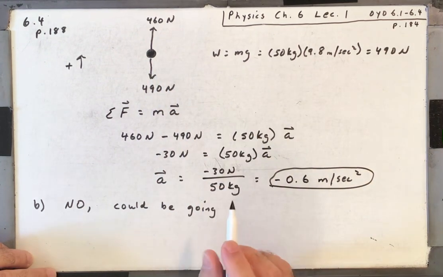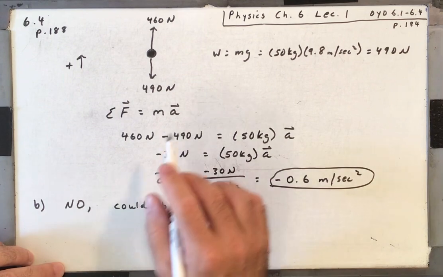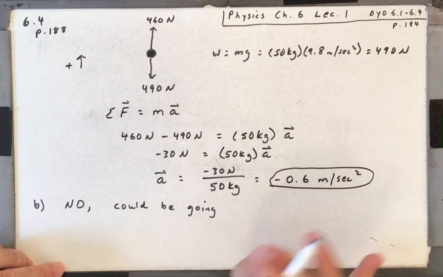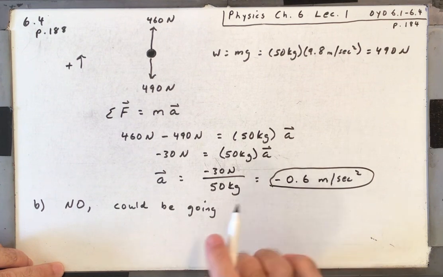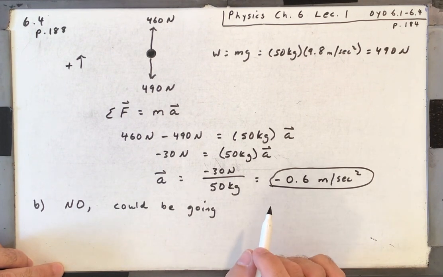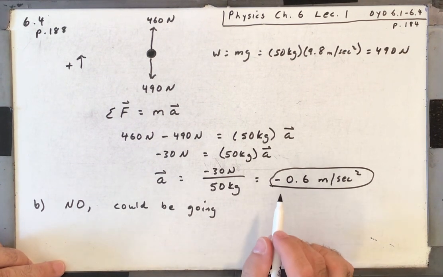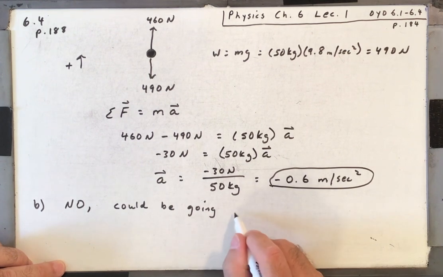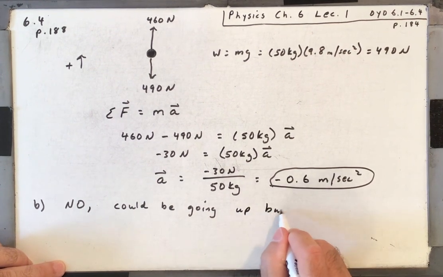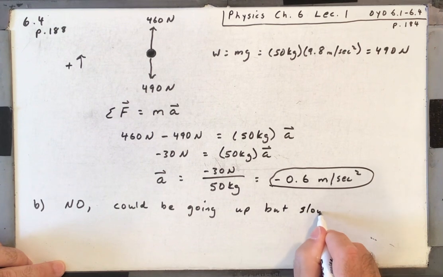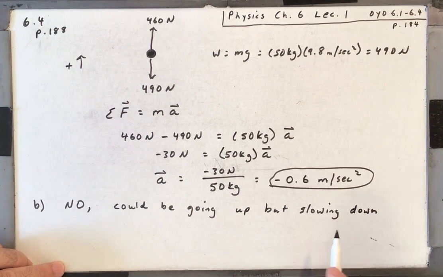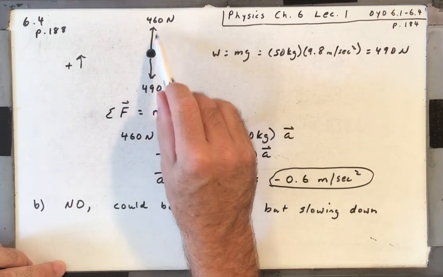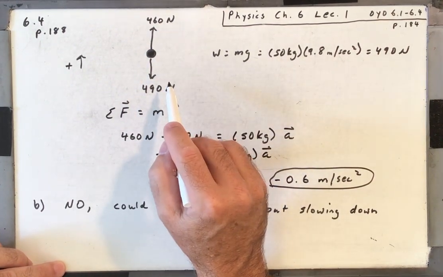So if you're riding on an elevator going up, but suddenly the elevator starts to slow down at the end, you feel like you're floating in the air just a little bit. Or if you do that on a roller coaster or something like that, you could be going up, but slowing down.